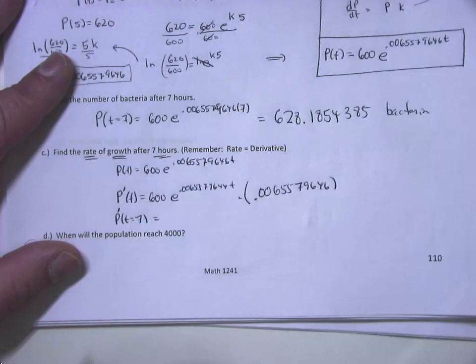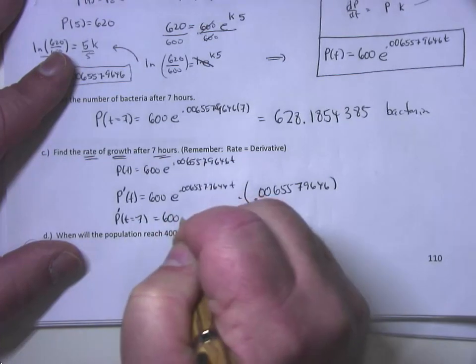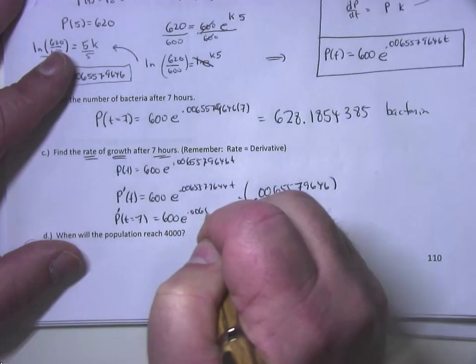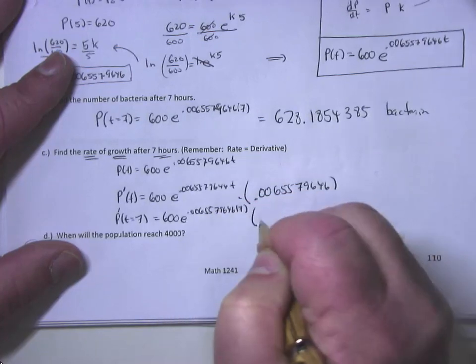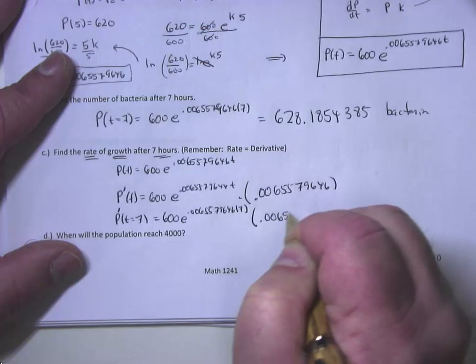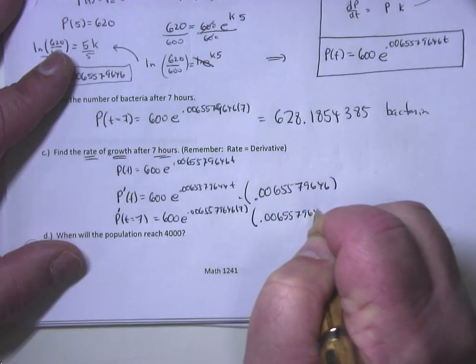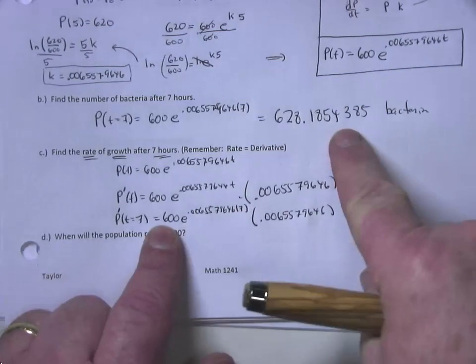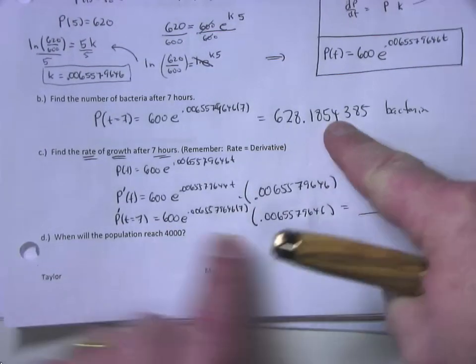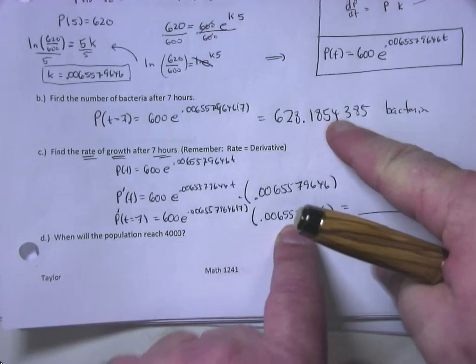So I'm going to plug 7 into this. This will be 600 e to the 0.00655799646 times 7, times 0.00655799646. And if you'll notice, this is the answer I got up here. So all I really got to do is take this answer and multiply it by my rate. Just an easier way to do it.